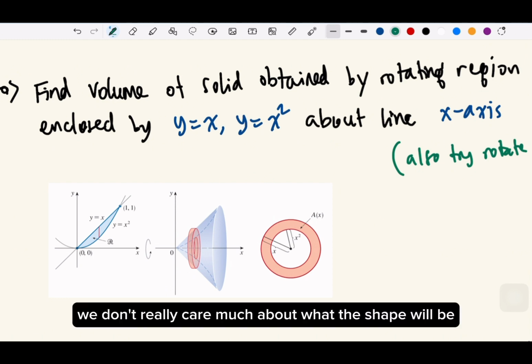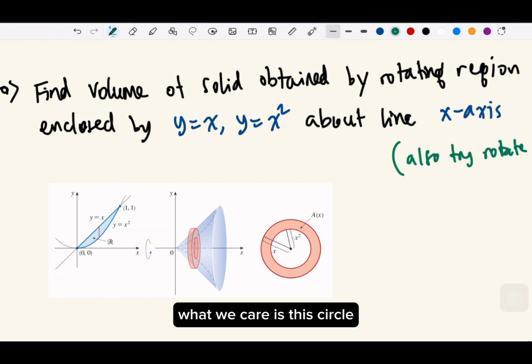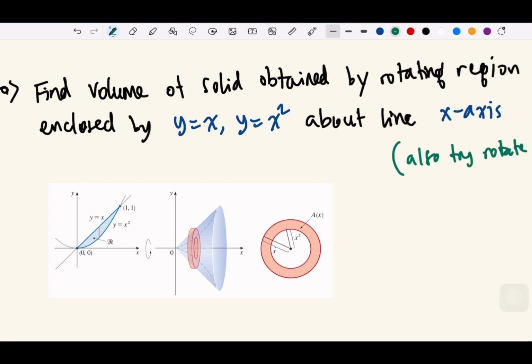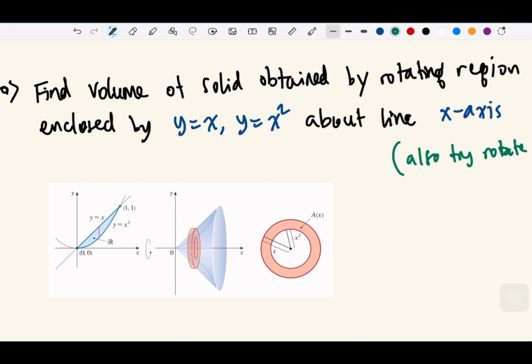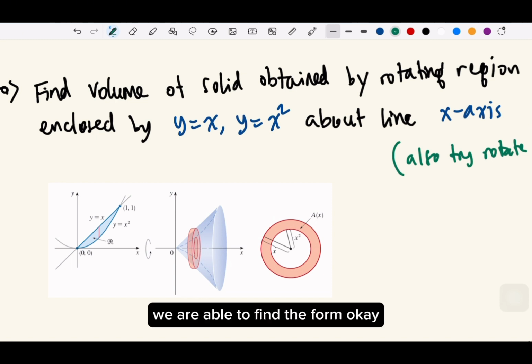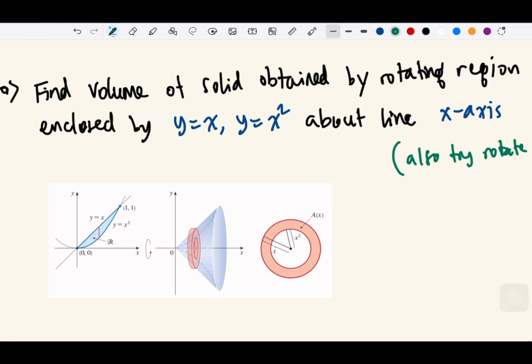But we don't really care much about what the shape will be. What we care is this circular shape. So as long as we can make this circle, we are able to find the volume. Okay. So how to imagine the circle?